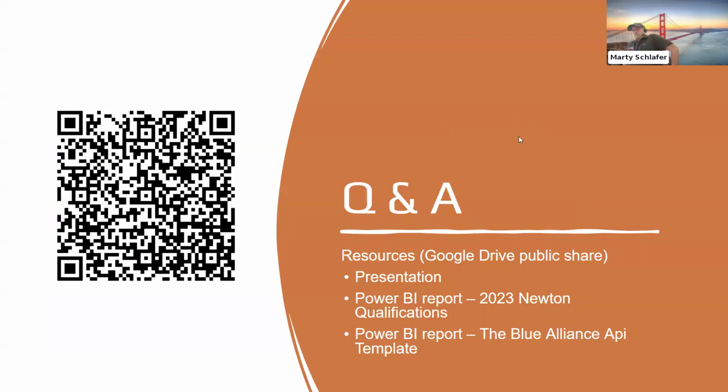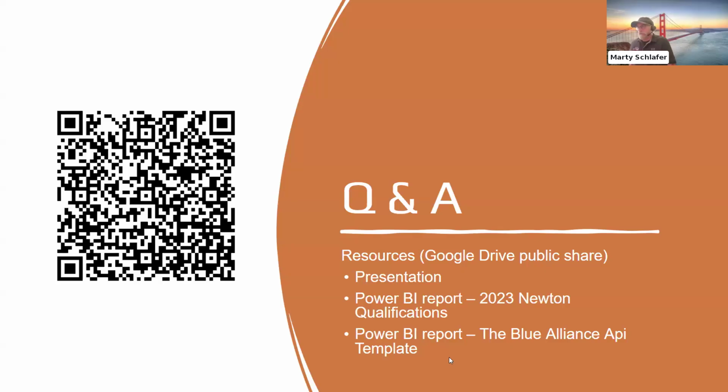There's a QR code that should have links and information as well. We posted a public Google Drive share. Through this QR code, you'll get to it. It has a copy of the presentation and two Power BI reports. Currently, it only has the Blue Alliance API template.